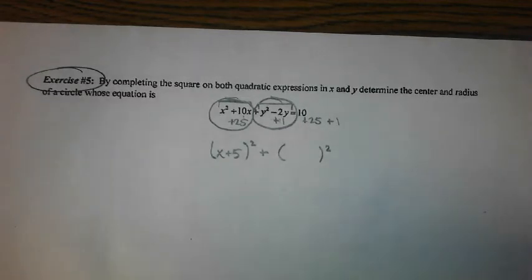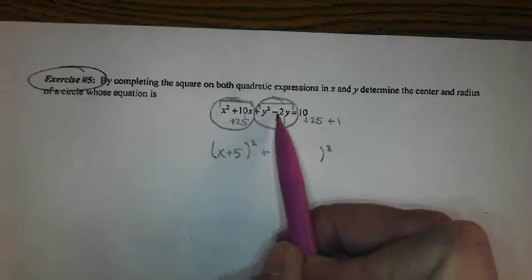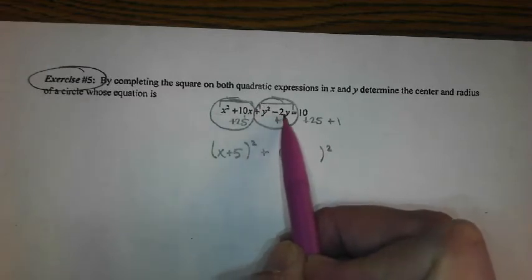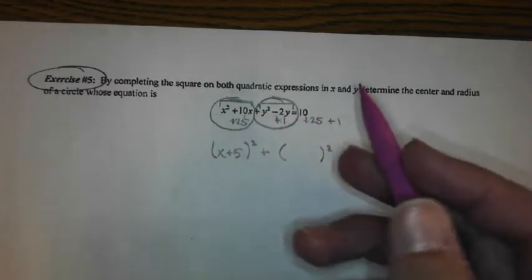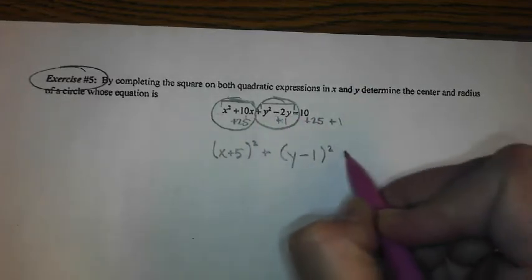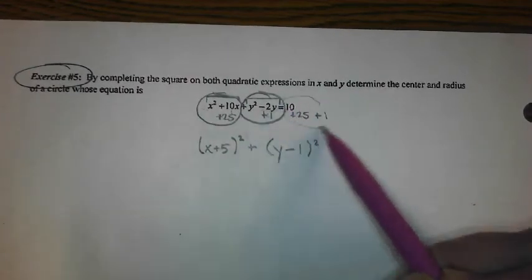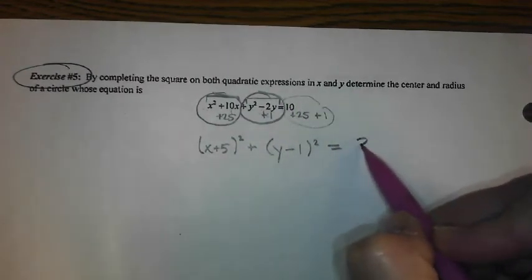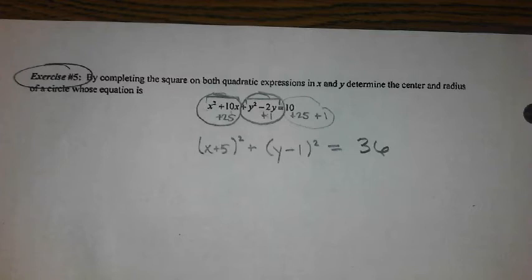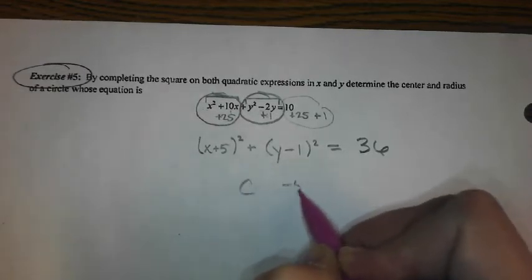Not y plus 1, y minus 1, because the middle term is negative 2, b is negative 2, so you always just take half of that, negative 1. So y minus 1 equals. And now this right-hand side becomes 36. And now, identifying the center and the radius is easy. Gracie. Very good.